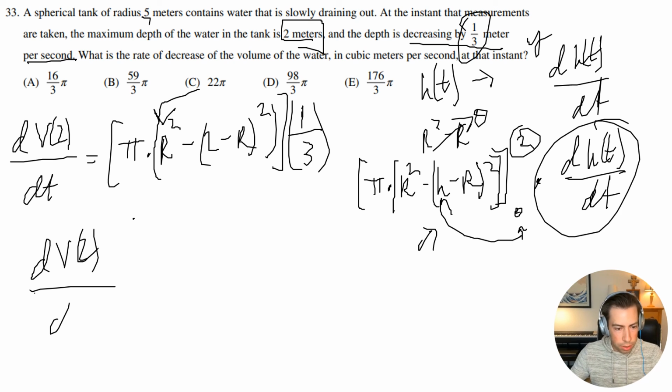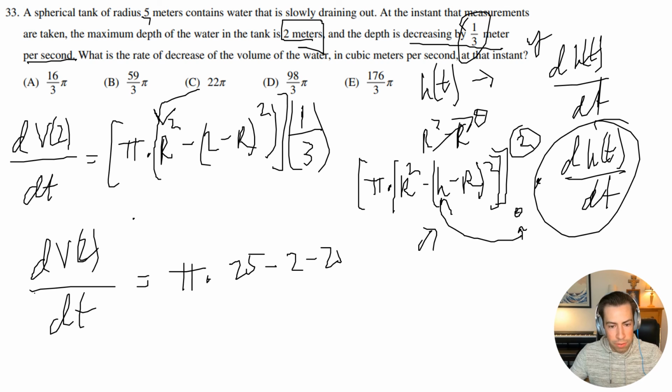So whenever I plug in all those values, I will have pi times 25 minus (2 minus 5) squared, and then multiplied by 1/3.